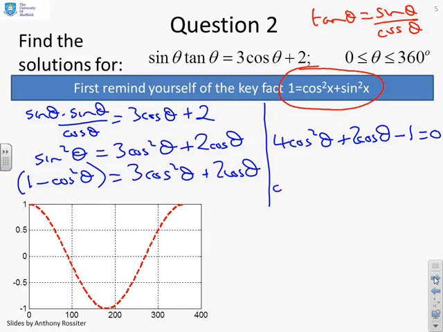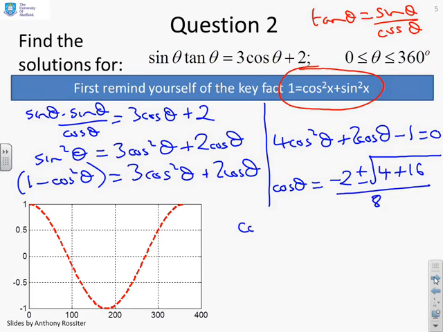So I'm going to write now that cos theta equals minus 2 plus or minus the square root of 2 squared, which is 4, plus 16, all divided by 8. Or in other words, cos theta equals minus a quarter plus or minus root 20 over 8.